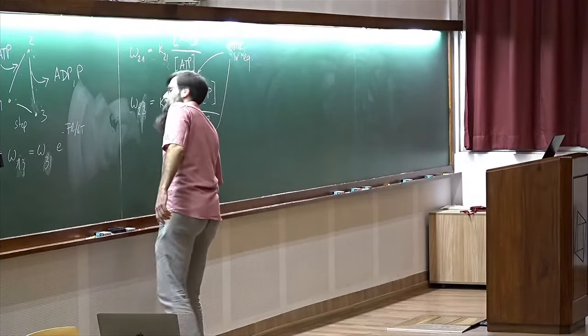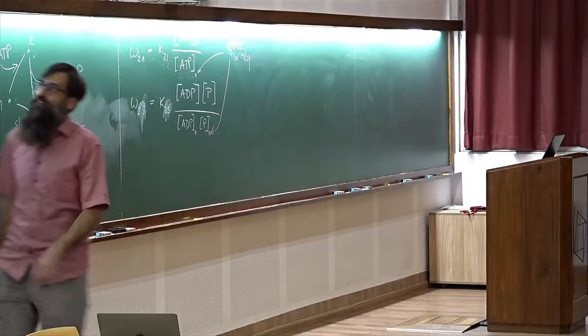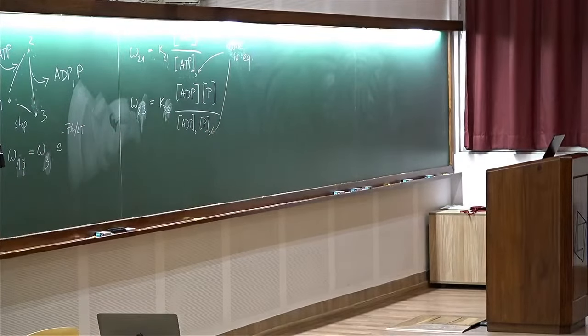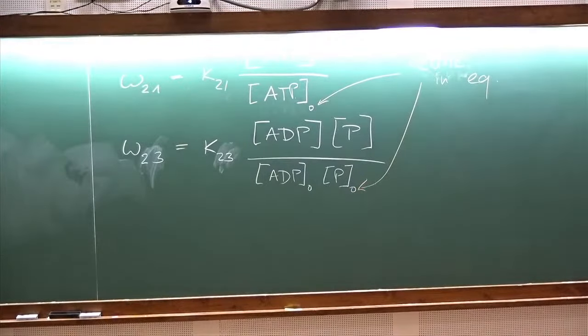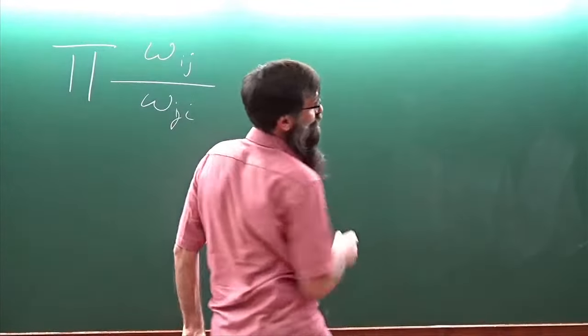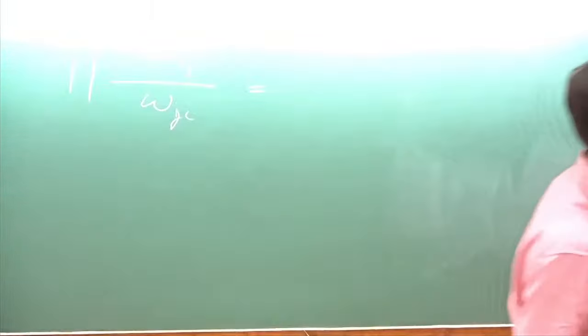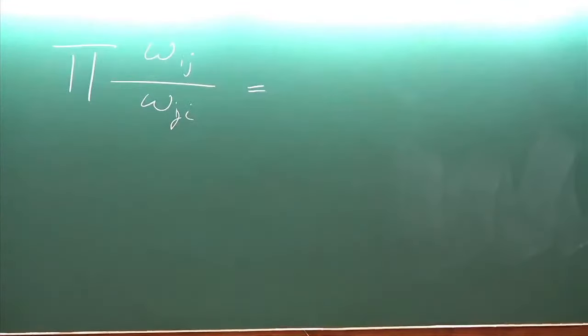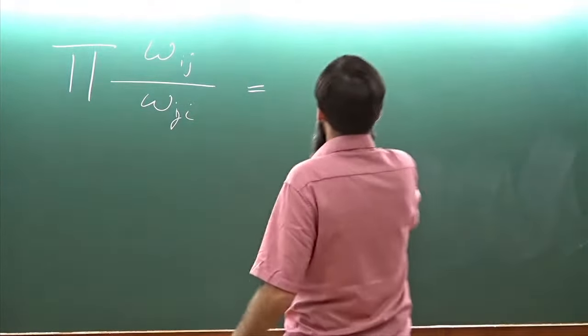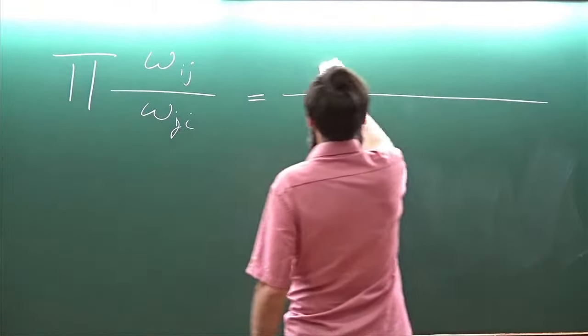Okay. So now I want to use this, and since we have this one cycle, I can apply my product that I had before. I have this product over the forward rates, omega ij over omega ji. Now I cannot see my cycle over there. Maybe you can tell me what is in the forward cycle.